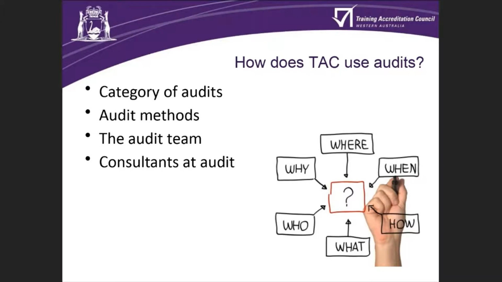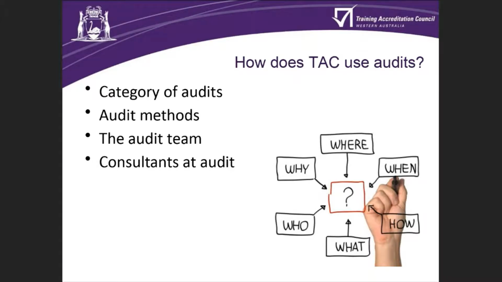And finally, the other type of audit that TAC might conduct and initiate themselves is a compliance monitoring audit. It's usually about checking up on any issues that were identified in a previous audit, or if there were sanctions imposed after a previous audit.